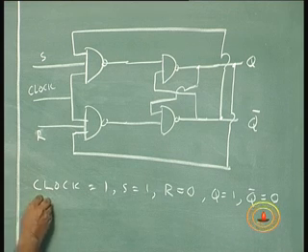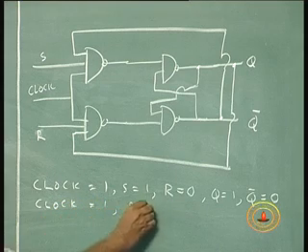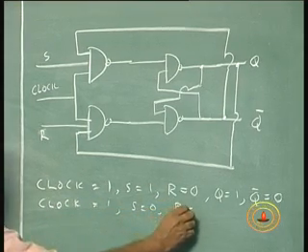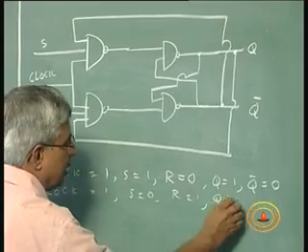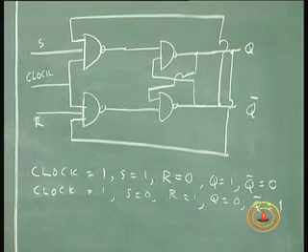And when clock is 1, S is equal to 0, R is equal to 1, again Q becomes 0. So this is normal. I am trying to say that this is same as the previous thing, no problem.